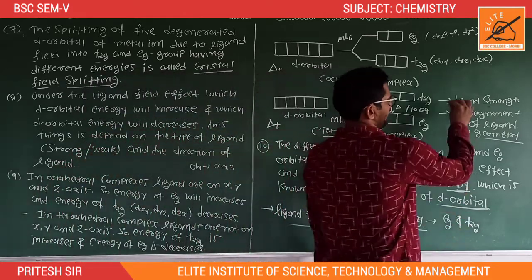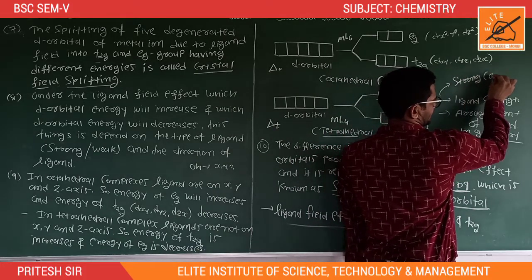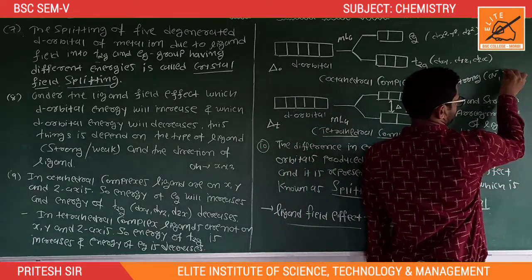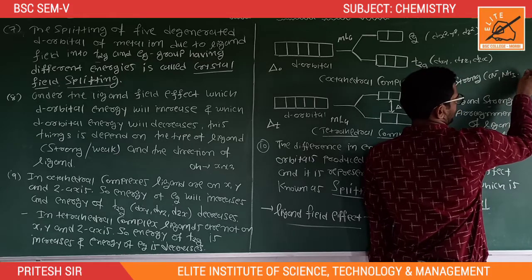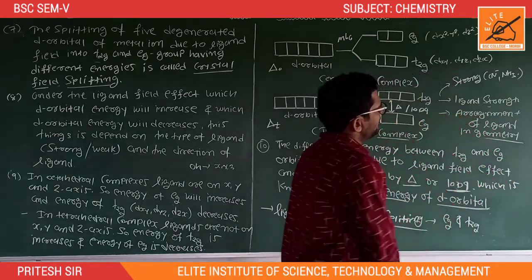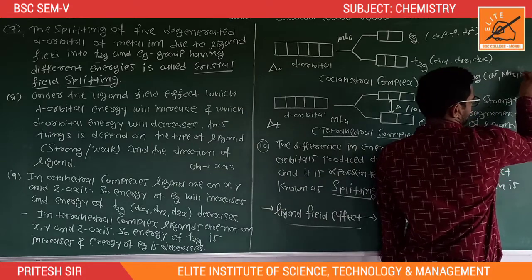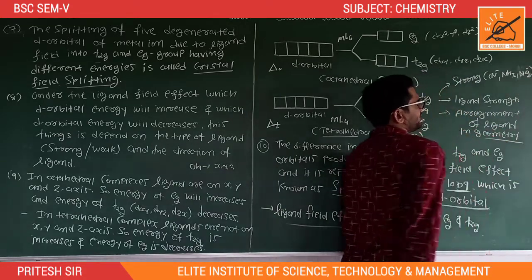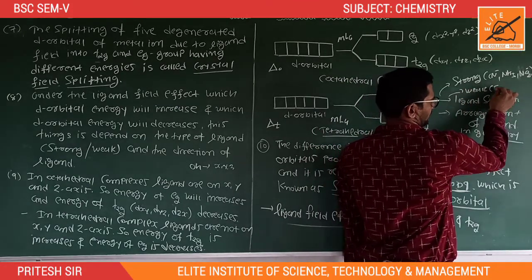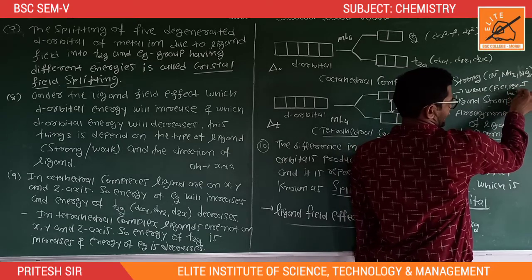Strong ligand field: CN minus, cyanide, NH3, and NO2 minus also create a strong ligand field. But weak ligand field ligands are H, fluorine, chlorine, bromine, iodine, and H2O. These ligands create a weak ligand field.